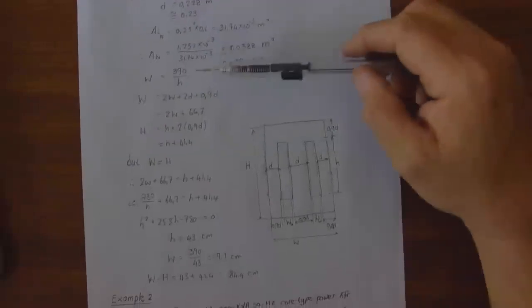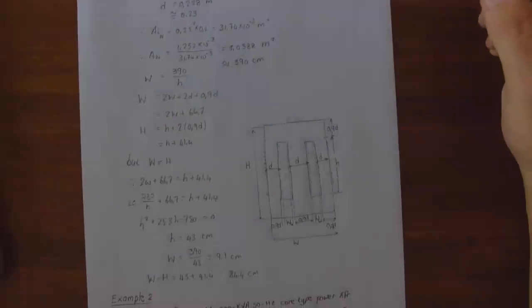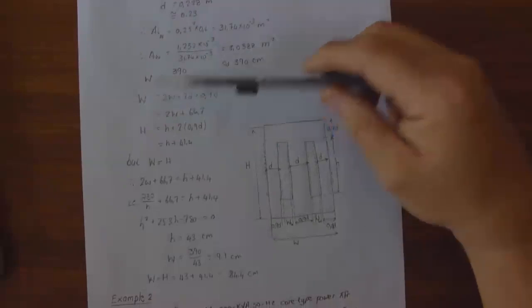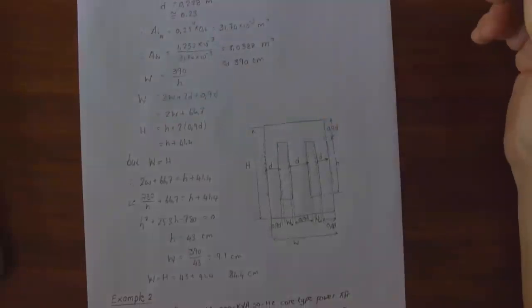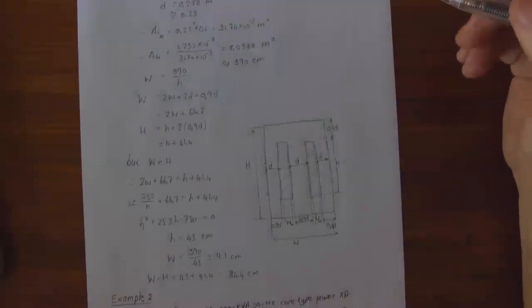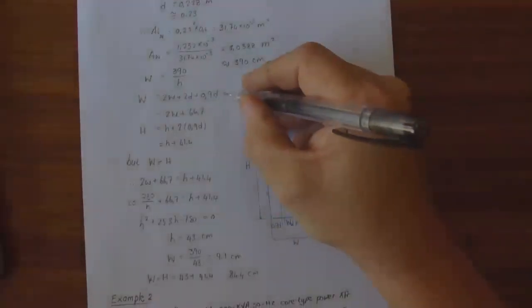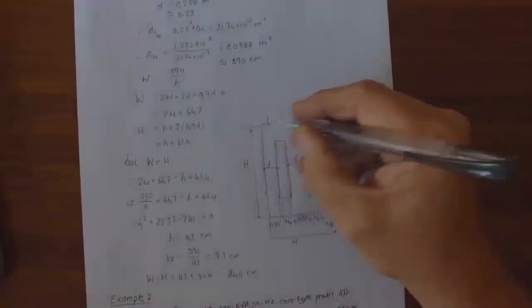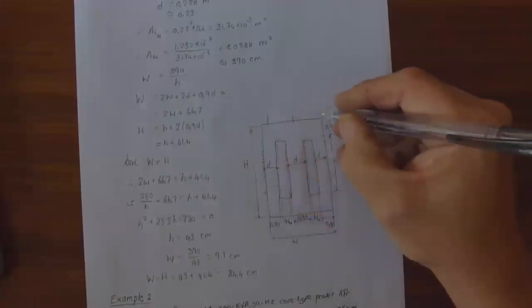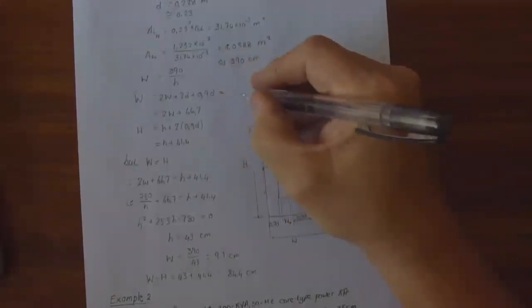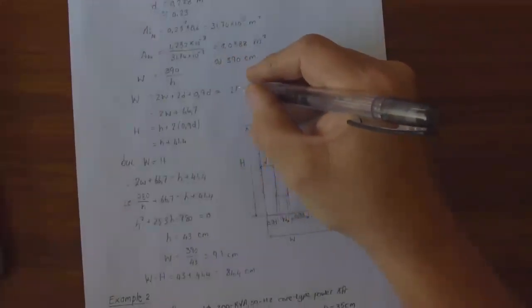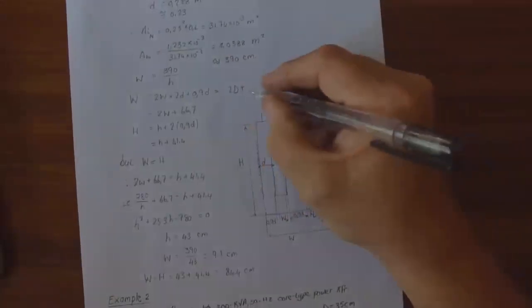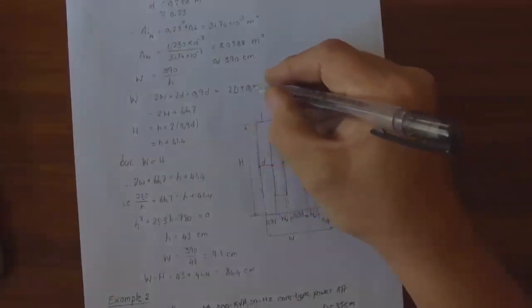The width is 390 divided by H. And the width of the transformer is 2W plus 2D plus 0.9D. Or it could have been 2D plus 0.9D.